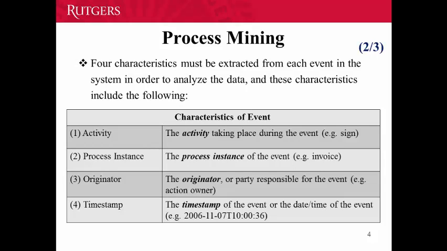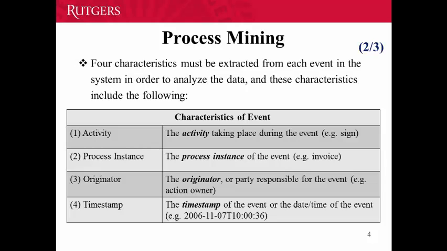In order to analyze the data using the process mining techniques, there are 4 characteristics to be extracted from each event. The first one is the activity, the second one is the process instance, the third one is the originator, and the fourth one is the timestamp.